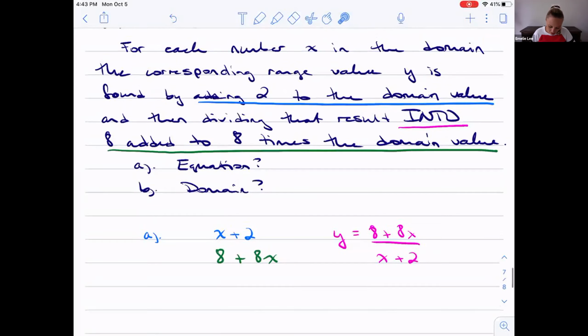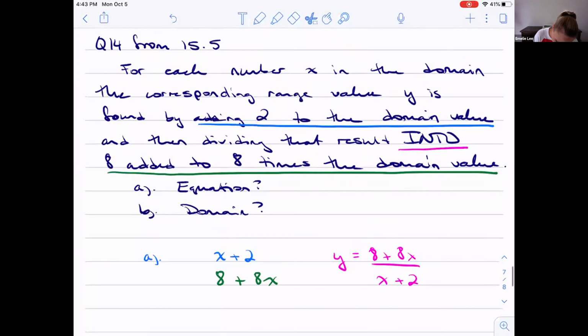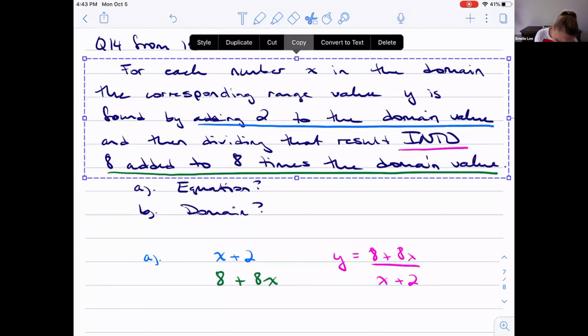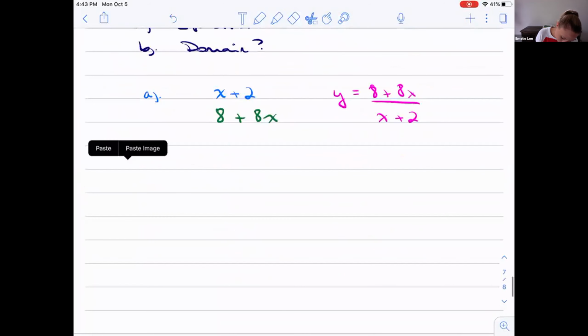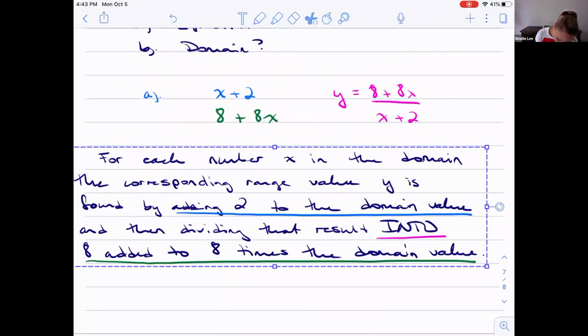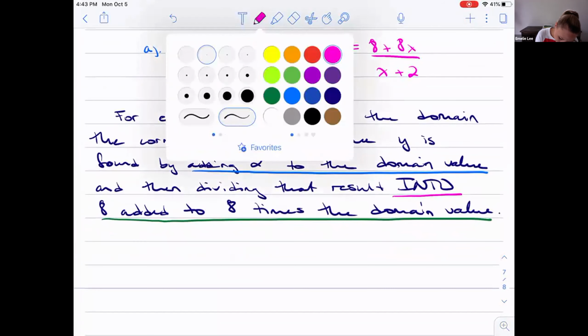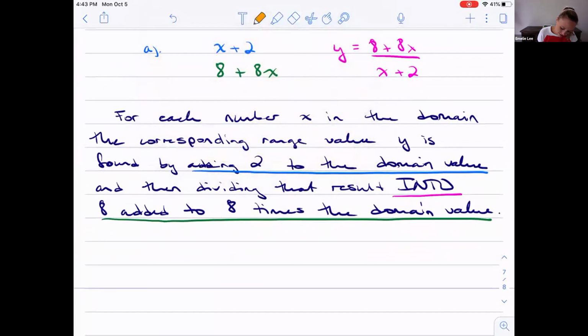So here's what I'm going to do. Let's write this. I'm just going to copy this, paste, and I'm just going to edit it.